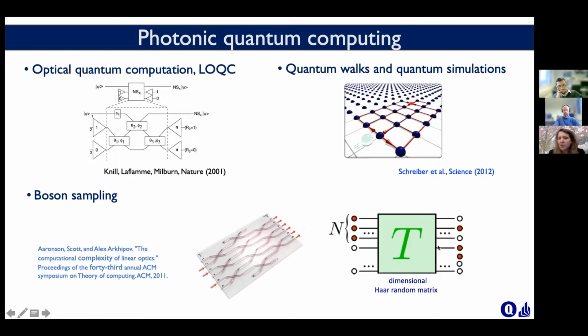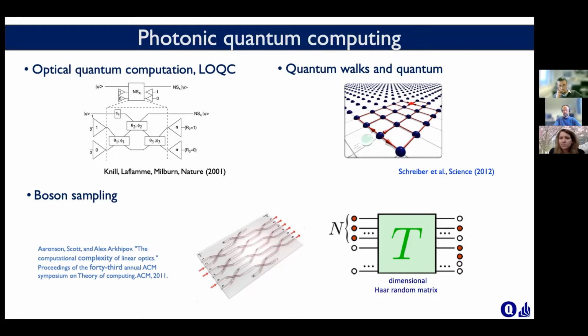You say, I have just a matrix, which is a random matrix, but it's a special thing. And I just put n photons into the system and ask, where do they come out? Surprisingly, this is a problem which, for larger systems, a classical computer can't calculate. It's not clear if it's useful, but it definitely is in the class of systems where a classical computer can't help. And in that sense, this is really for demonstrating that quantum computation can do something different.